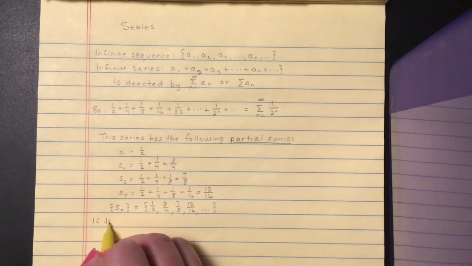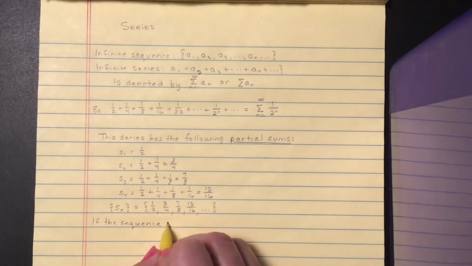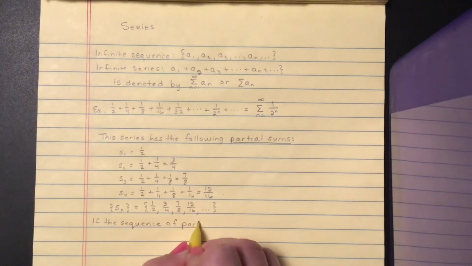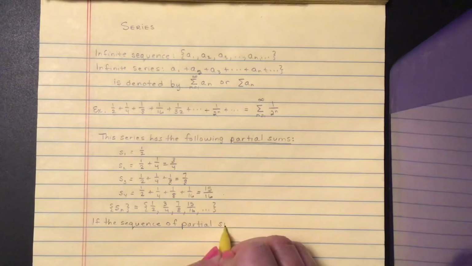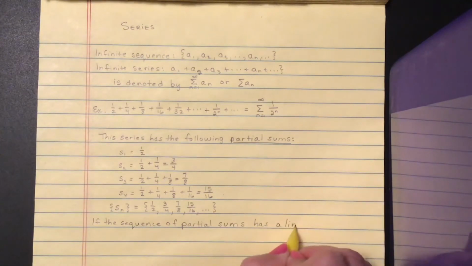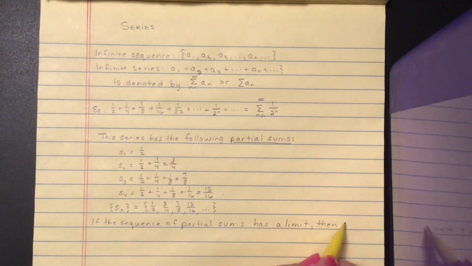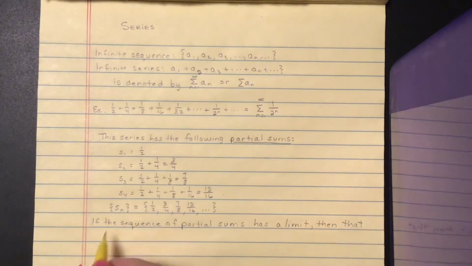If the sequence of partial sums has a limit, then that limit is called the sum of the series.